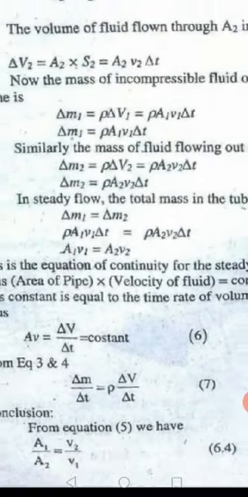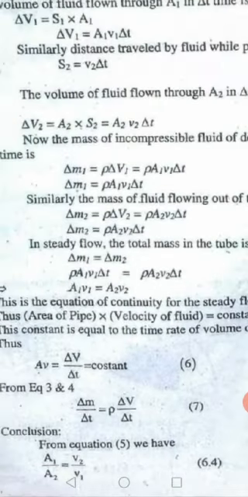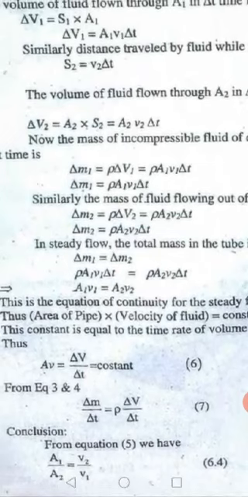Just to understand this, A1 V1 equals A2 V2, we are basically discussing this equation. The product of cross-sectional area and V1, the speed of fluid flow at that point, is equal to a constant.